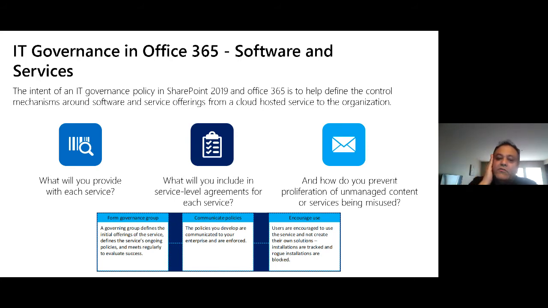So the idea is to form this governance group, communicate the policies, and encourage the use of the governance policy. A snippet of it printed out should be on every wall in a physical office and on the background somewhere on your team structure or so forth.